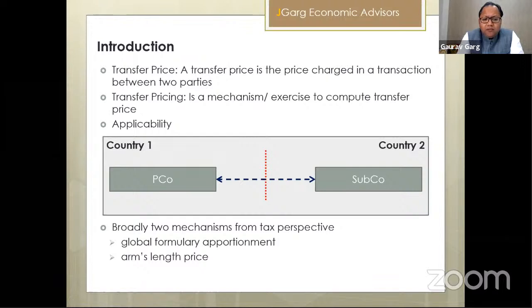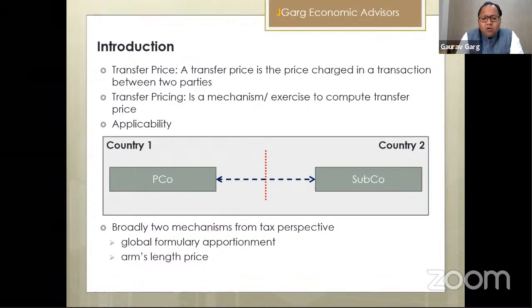So under the global formulary apportionment approach, the whole group is considered as one, and whatever the total profit or total loss of the group is gets divided among different entities based on a certain formula. So if I consolidate the balance sheets and my group is in profit, then each entity will get some profit out of the total profit, whereas if my group is in loss, each entity will get some portion of the loss.